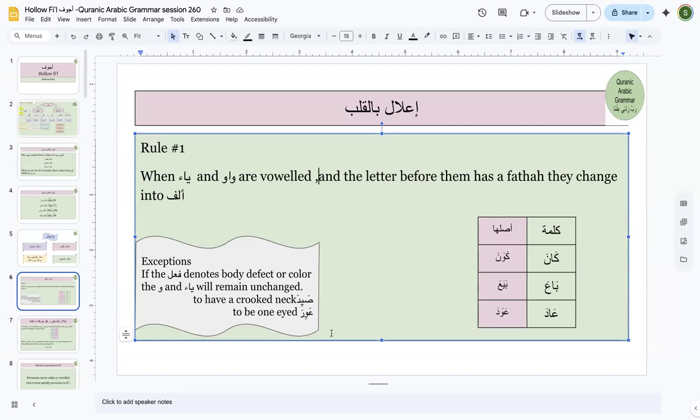But if the fi'l denotes a body defect or a color, the waw and ya will remain unchanged. Okay? Got it? Alhamdulillah.